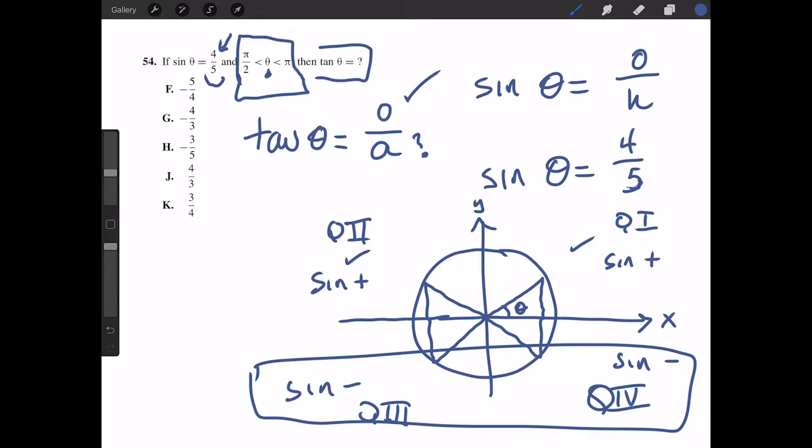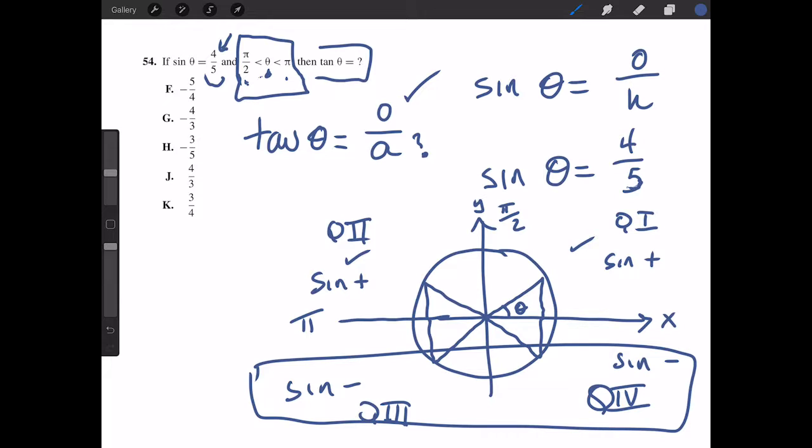So we already saw what radians are. If the angle that they're using here, theta, lies between pi halves and pi, look what this is saying. Pi halves is less than theta. Where's pi halves? Well, pi halves is actually equal to this section right here. And then pi in radians is right here.